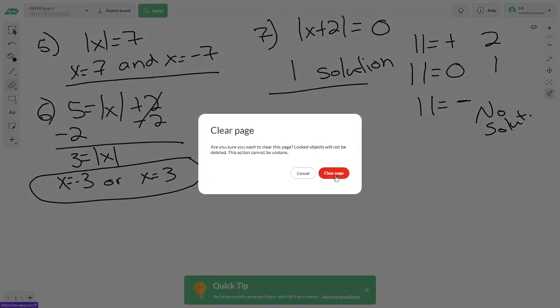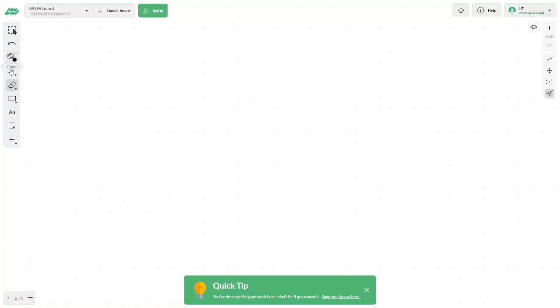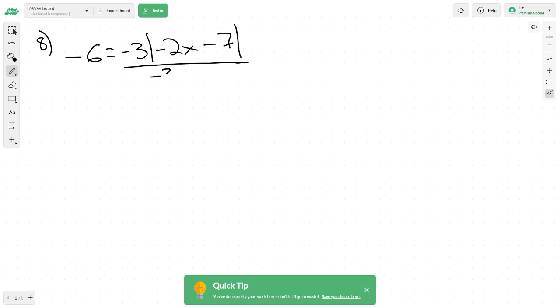All right, let's make some more room. Number 8. It's number 8 here. We have negative 6 equals negative 3 times the absolute value of negative 2x minus 7. So again, the first thing I need to do is isolate that. So I'm going to divide by a negative 3.